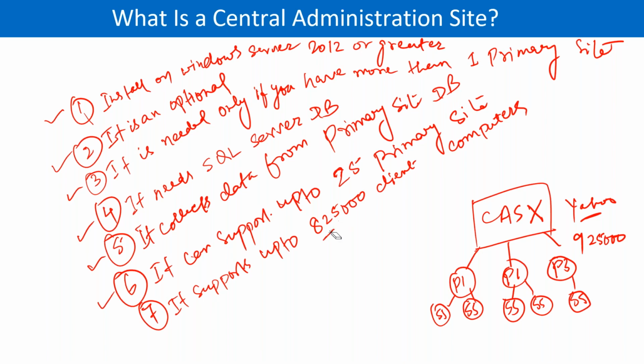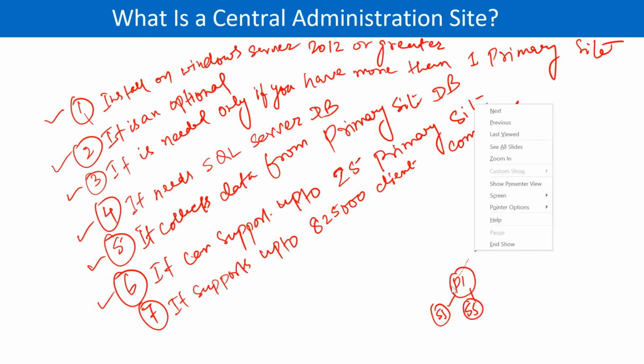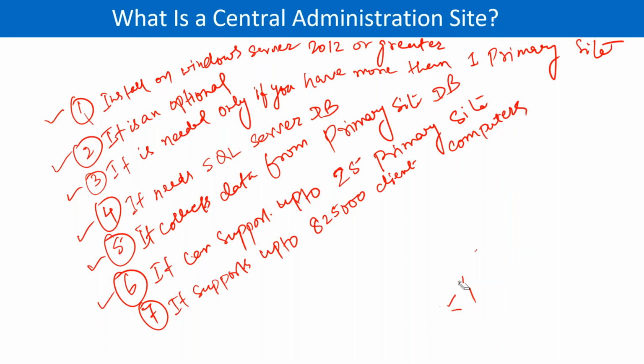Understood? So one CAS will not be sufficient, and you will have to install one more CAS. But I don't think any company will have more than 825,000 devices, right? It is a very rare deployment. You will hardly see anywhere a deployment with more than one CAS.